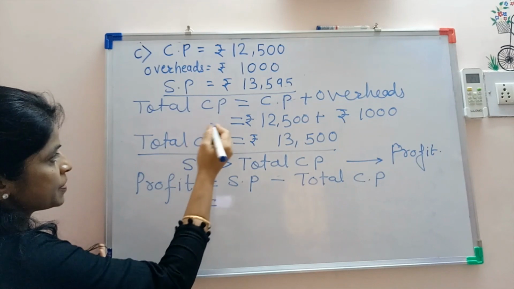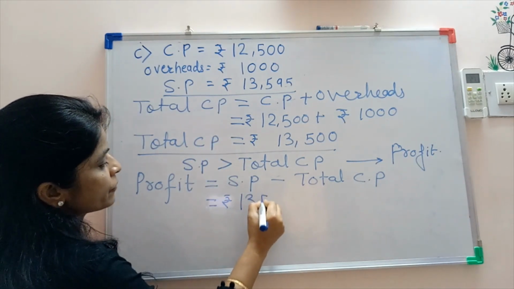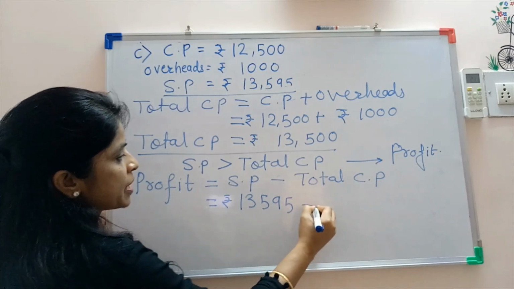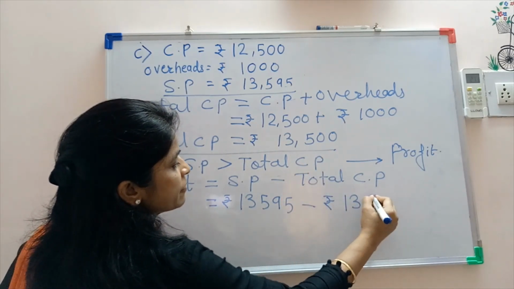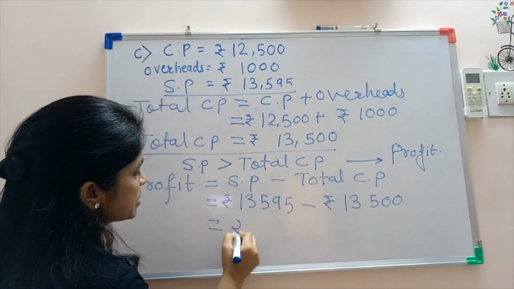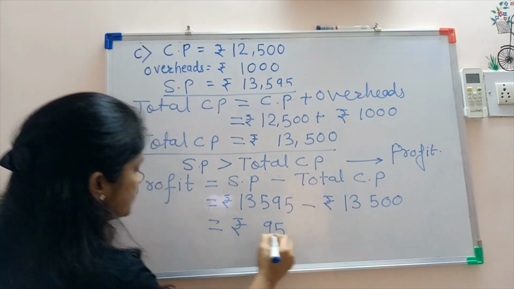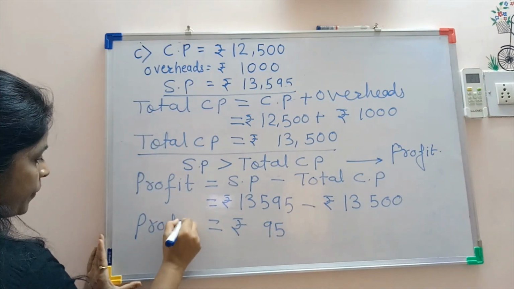Now SP is rupees 13,595 minus total CP rupees 13,500. So the difference will be rupees 95. 95 is nothing but the profit.